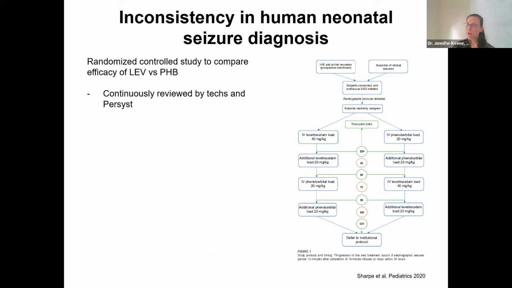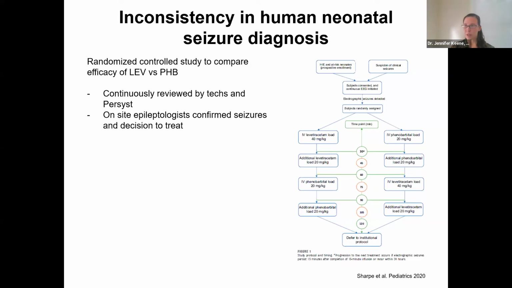During the protocol for this study, this was carried out at centers that all had a commitment to really high-level, excellent care of neonates with seizures. These studies were being reviewed continuously by techs who were familiar with neonatal EEGs and were aided by an early version of Persyst neonatal seizure detection.